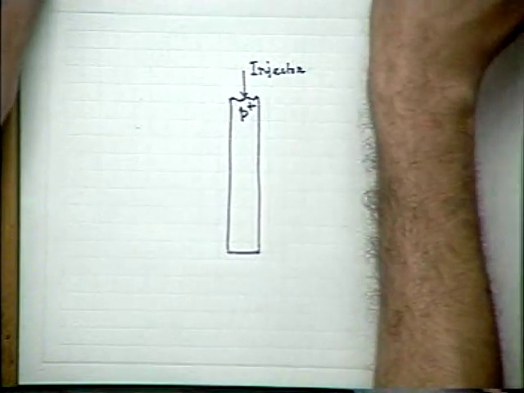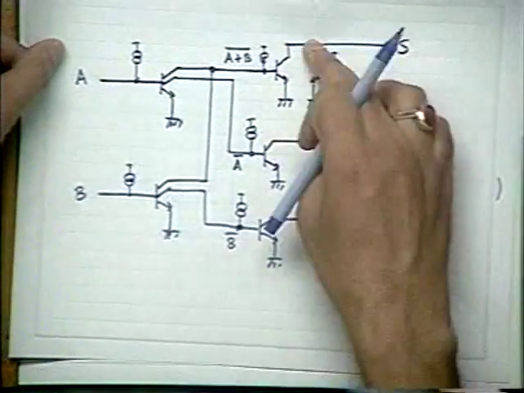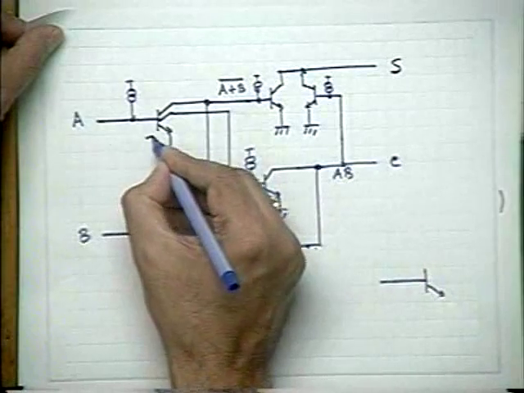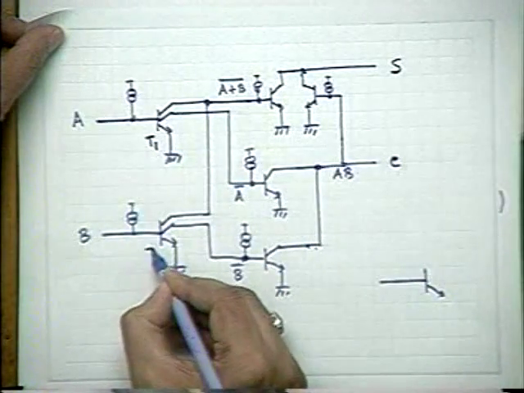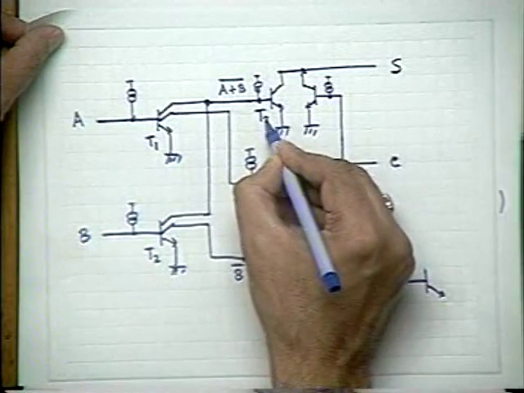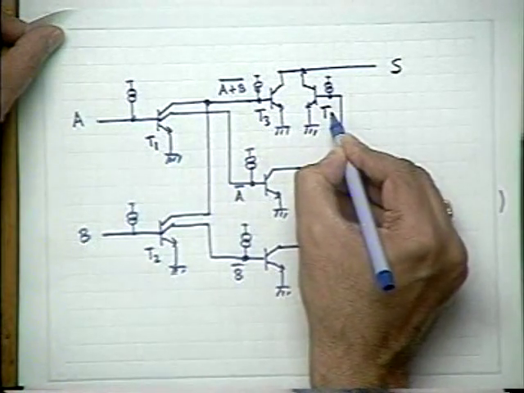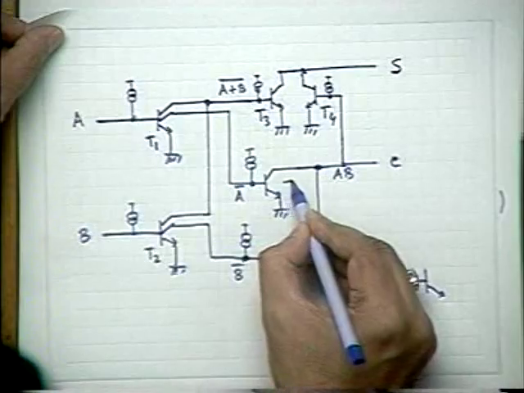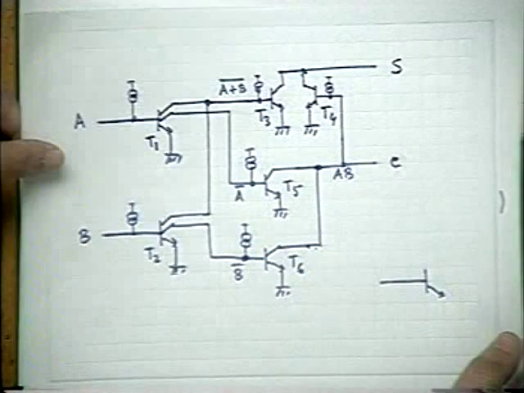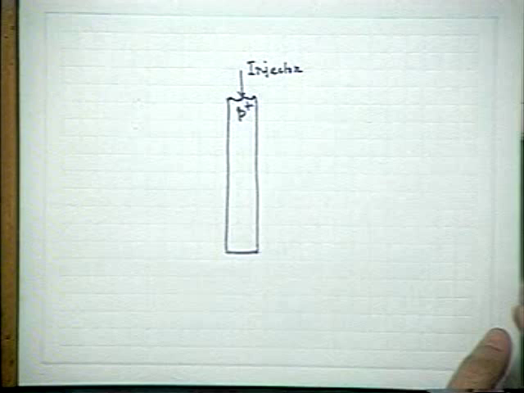And there are 6 transistors in this diagram. Let me call them like this: T1, T2, T3, T4, T5, T6.